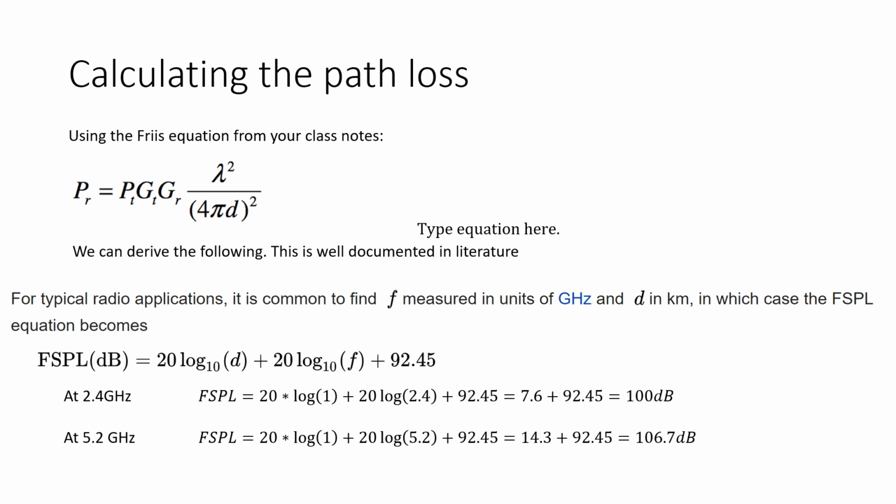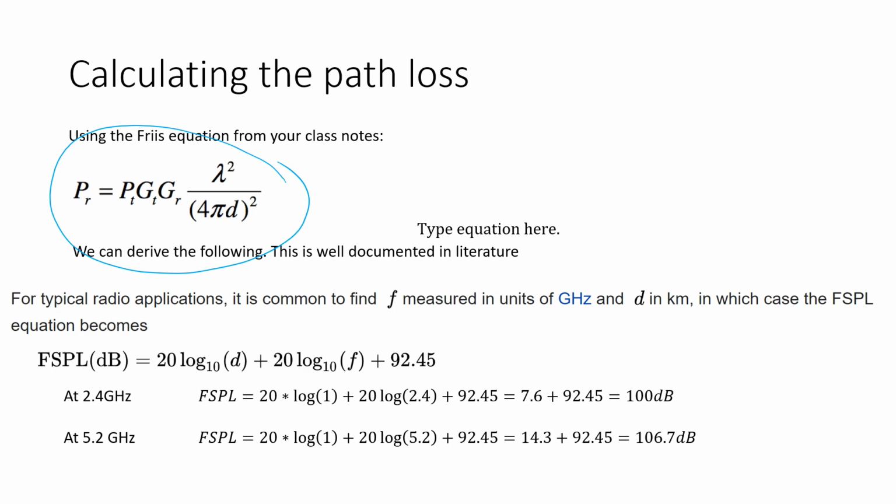So the first thing that we're going to have a look at is calculating the path loss, and I'm just referring to the notes that you have been given in class. Everything really comes from the Friis equation, and I'm sure you've done a little bit of work on that and understanding what that is.